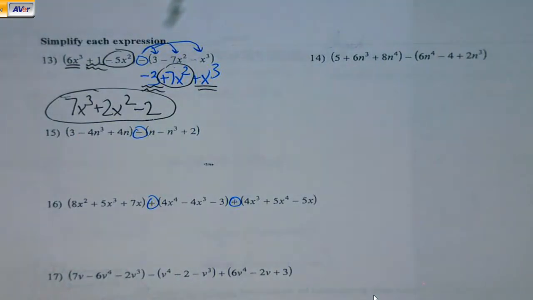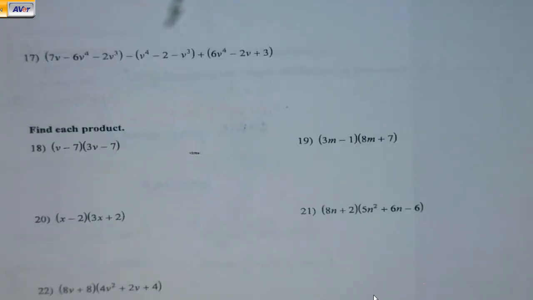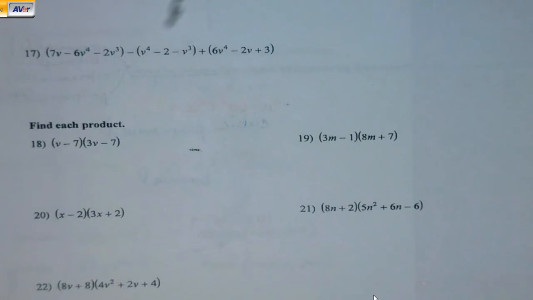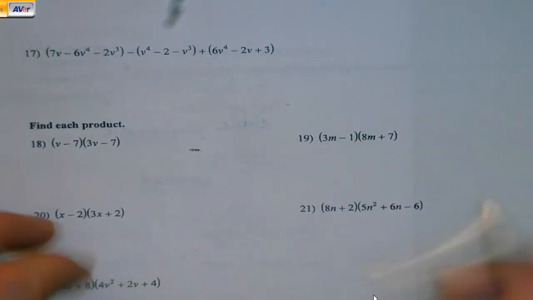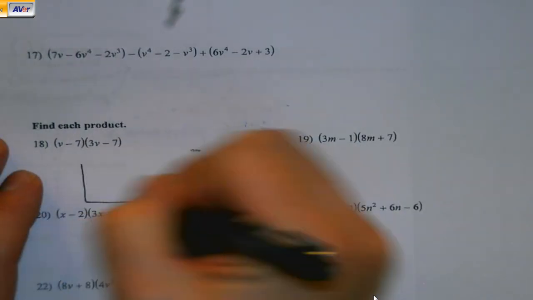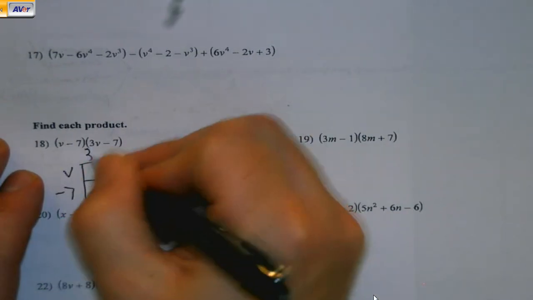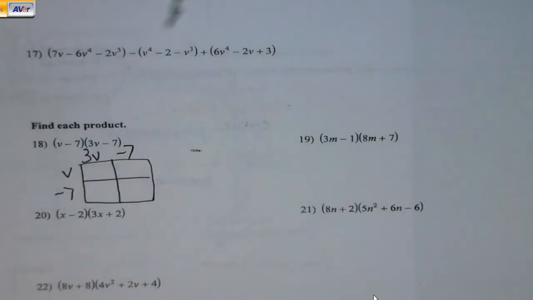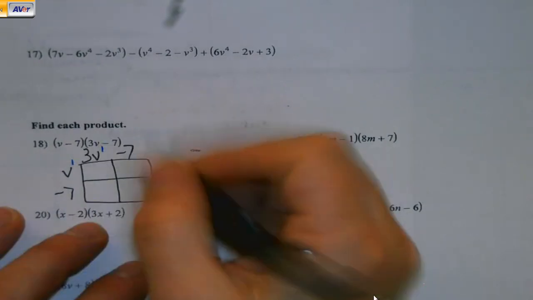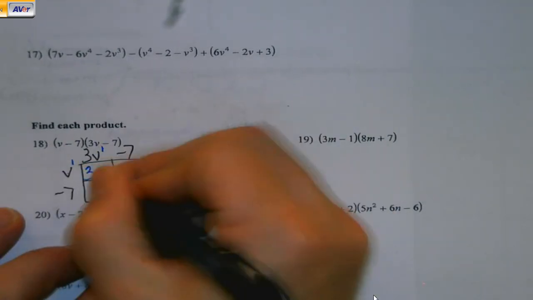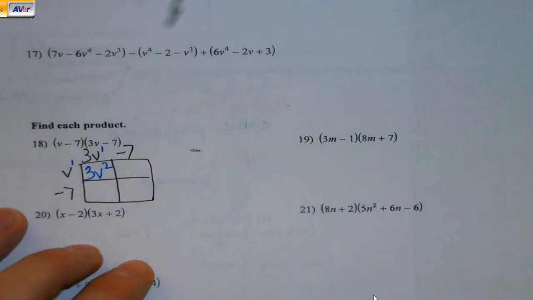Down below is a different story. Down below, when I get to 18 through 22, now I'm not seeing pluses and minuses in the middle. So these are the ones where I'm doing a box or I'm doing foiling. These are the ones where if I have exponents, I add the exponents.